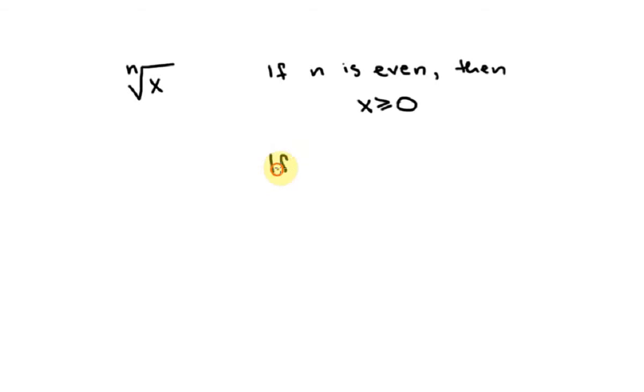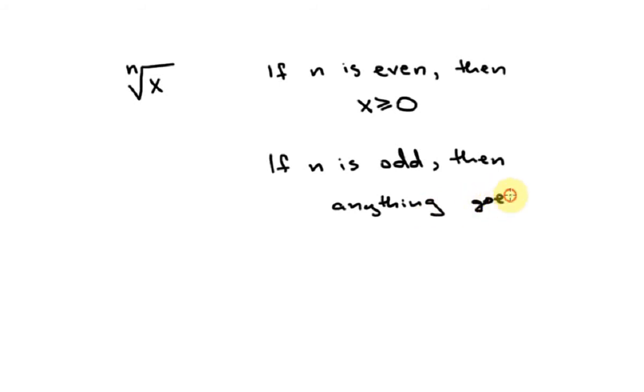However, if n is an odd number, whether it's a cube root or a fifth root or whatever it is, then anything goes for x. Any number would be acceptable.